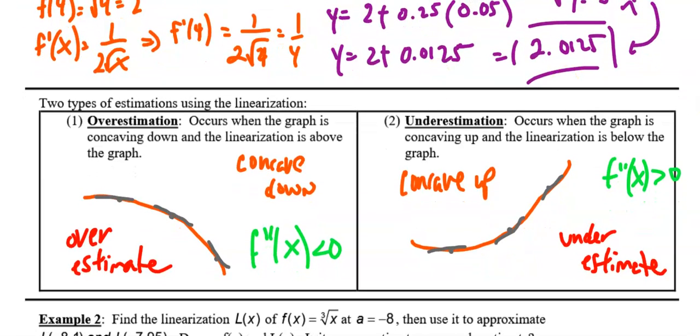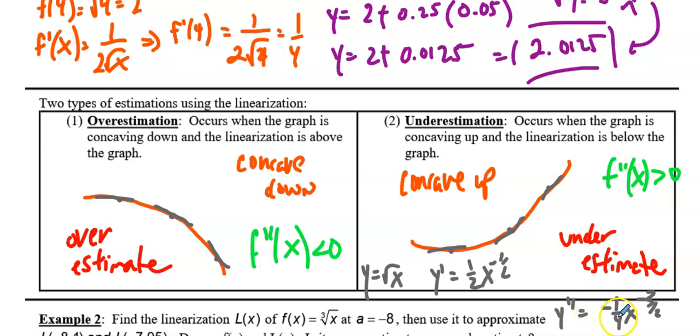So if I go ahead and look at this, and I say, okay, well, y equals the square root of x, where our derivative is going to be equal to 1/2 x to the negative 1/2. Let's not simplify that. Let's go ahead and find our second derivative. Well, our second derivative is going to be equal to negative 1/4 x to the negative 3/2. If I plug in 4, which is where we're evaluating, right? If I plug in 4, then we're going to get negative 1/4, which we're going to get a negative value.